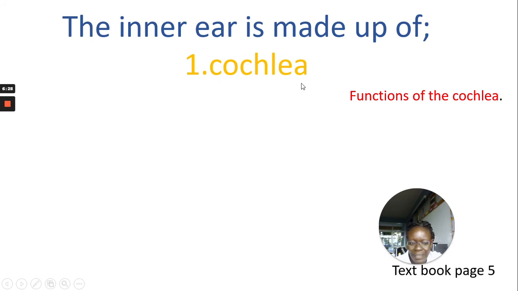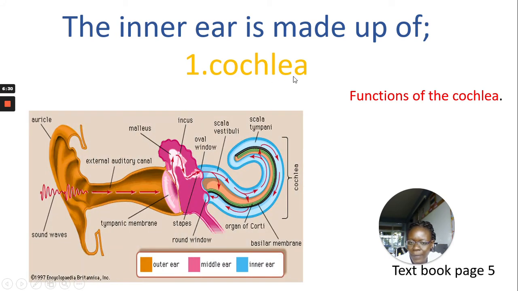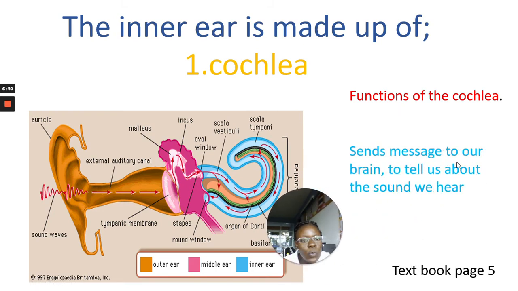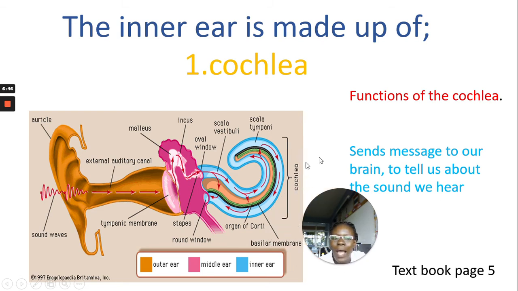Okay, cochlea. Now, this cochlea, this part here, the blue part. The cochlea's function is to send messages to our brain to tell us about the sound we hear. Remember, our sense organs are always connected to our nervous system, and the nervous system consists of the brain, the spinal cord, and the nerves.